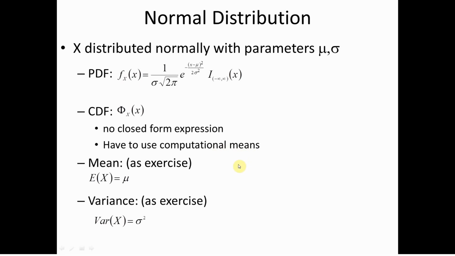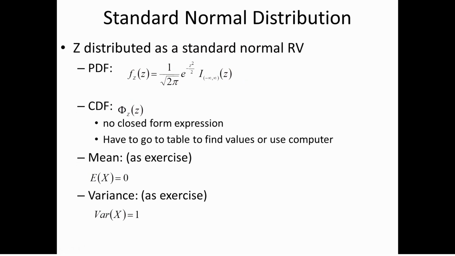I'm going to leave it to you as an exercise to show that the mean is mu and the variance is sigma squared. You should be able to do this using what we learned from integration theory. Okay, now there's one distribution that's very important. That's a standard normal, and we saw how to get that already. We made the change of variable z is equal to x minus mu divided by sigma.